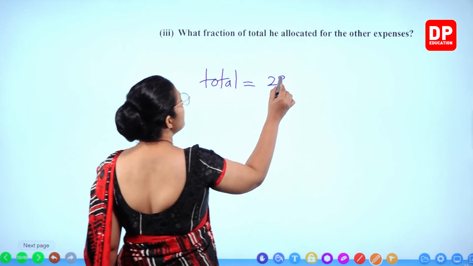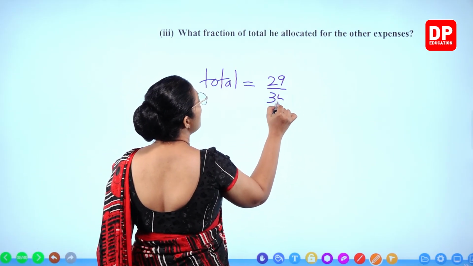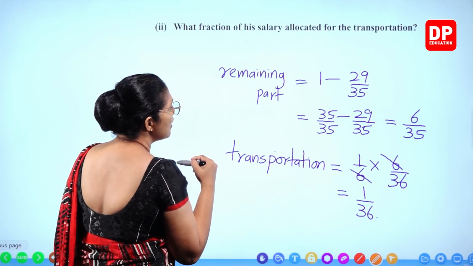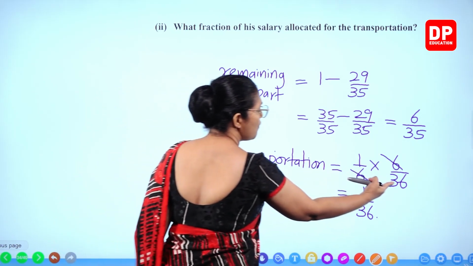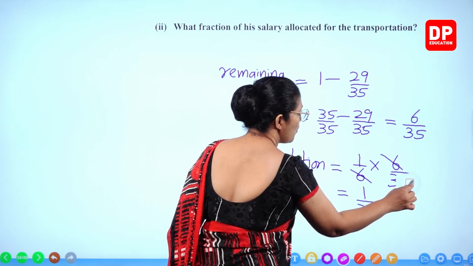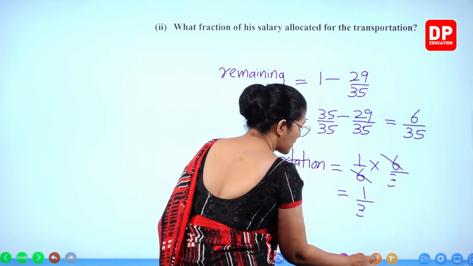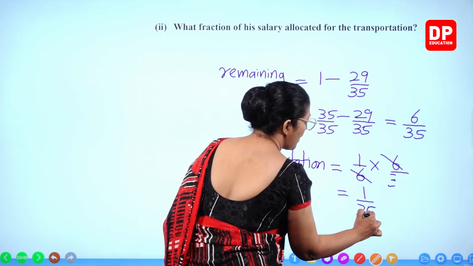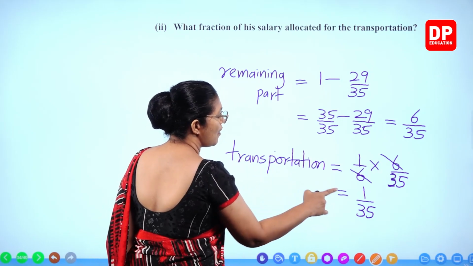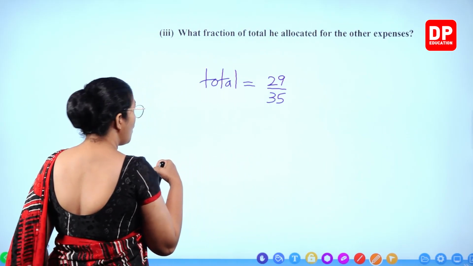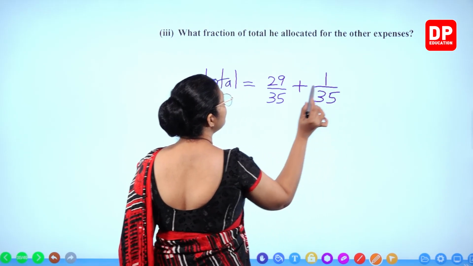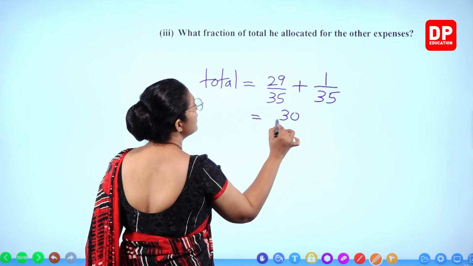So you can add these two. 29/35 and 1/35. Accidentally I wrote 36 here, this is 35. Altogether 30/35.